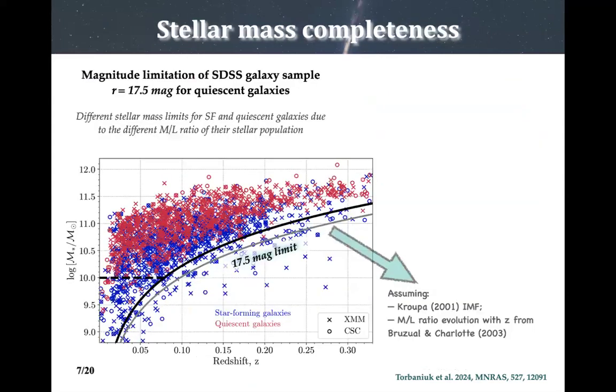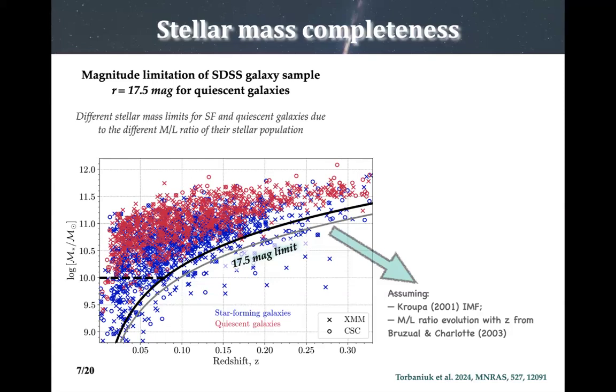Another thing we should take into account is that we are using the SDSS sample, so it is magnitude limited. When plotting the distribution of stellar masses versus redshift for two different host galaxy populations, you see that we are missing some part of the quiescent ones.